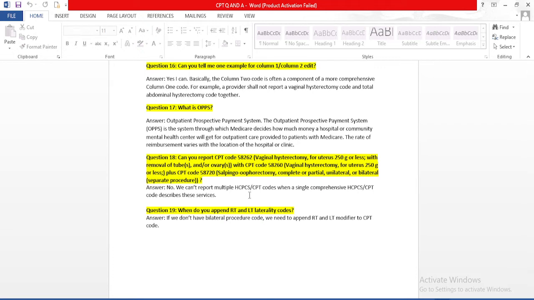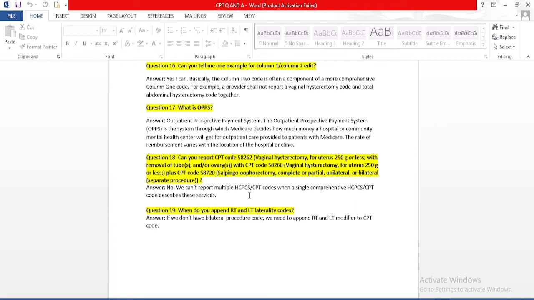Can you tell me one example for a column 1 and column 2 edit? Yes, I can. Basically, the column 2 code is often a component of a more comprehensive column 1 code. For example, a provider shall not report a vaginal hysterectomy code and a total abdominal hysterectomy code together.